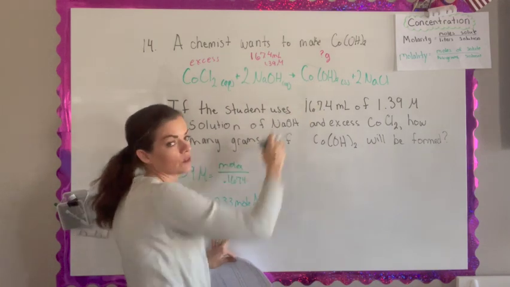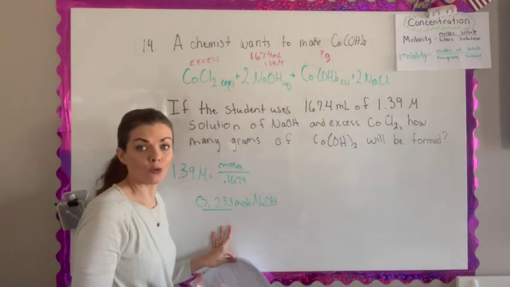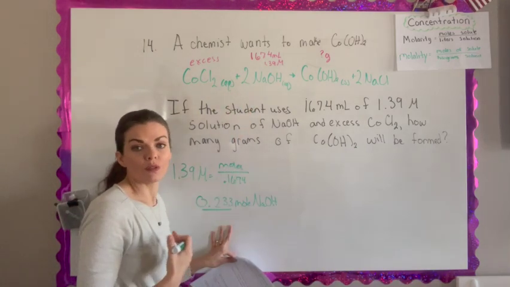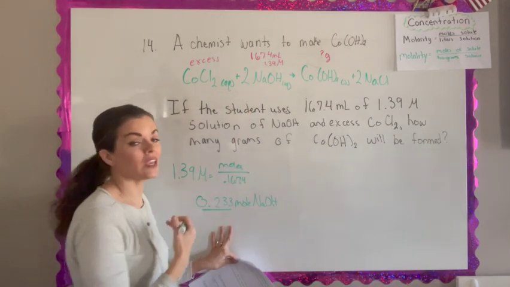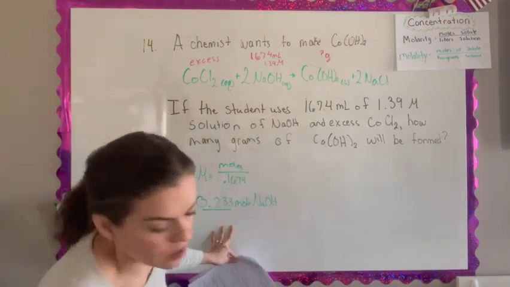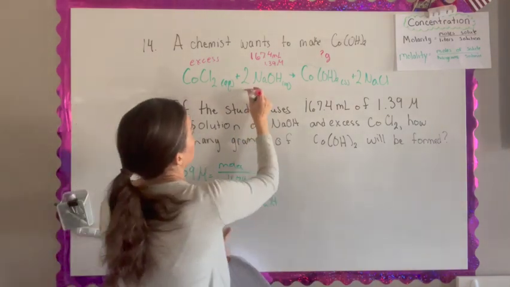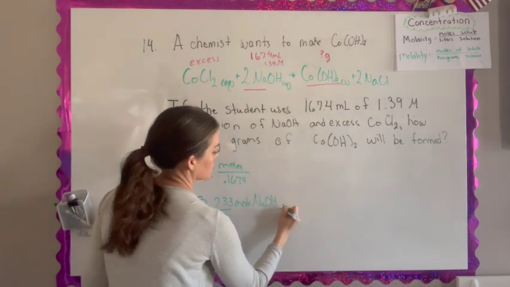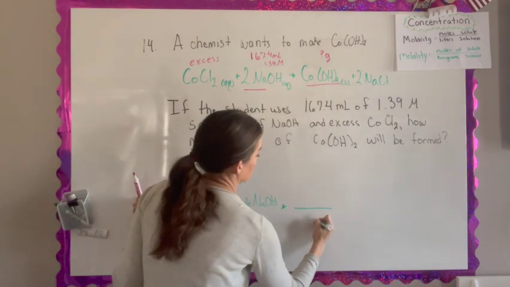of the product, of the cobalt hydroxide. I go from moles to moles using the coefficients in front of the balanced chemical equation. And they already gave you this equation balanced, so I'm going to be using this data. So I want NaOH to cancel out, so I'm going to put it on the bottom.